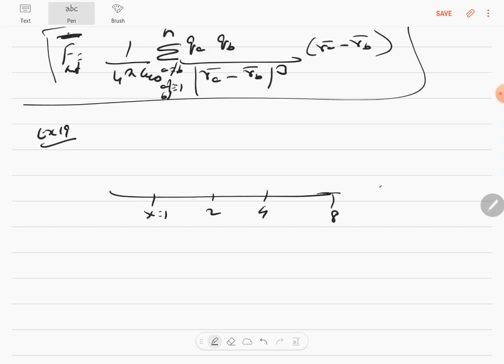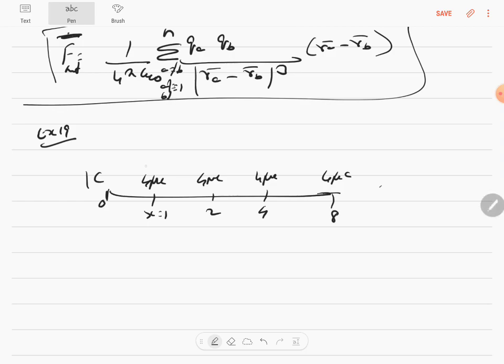An infinite number of charges, each of 4 microcoulomb, is placed like this along the x-axis. Find the total force on the charge of 1 coulomb placed at the origin. This is just 1 coulomb, a charge of 1 coulomb placed at the origin.